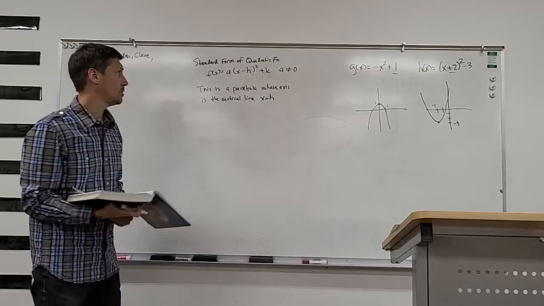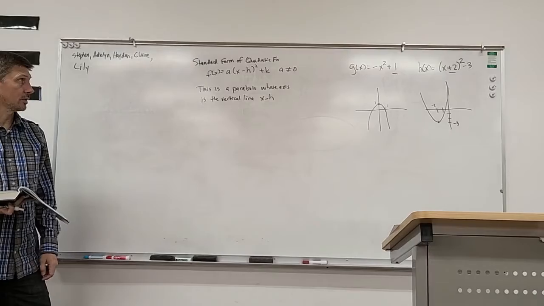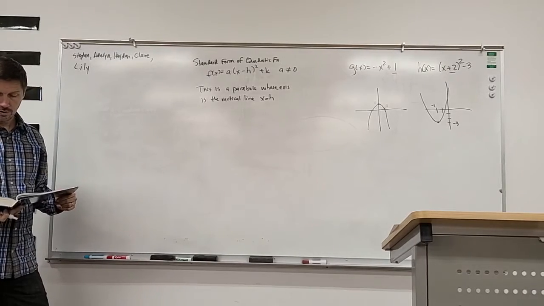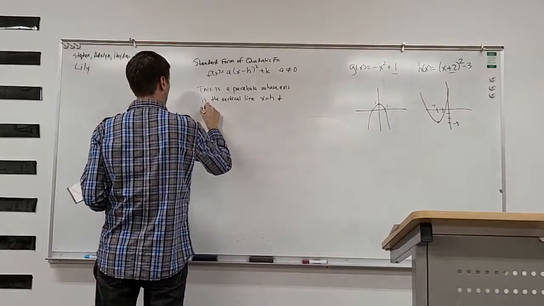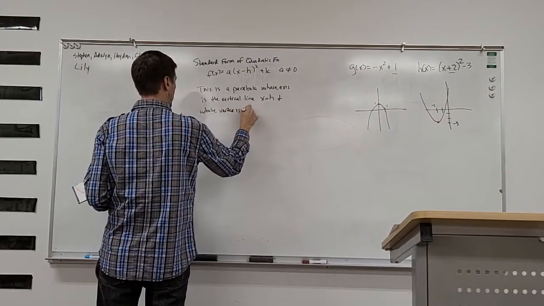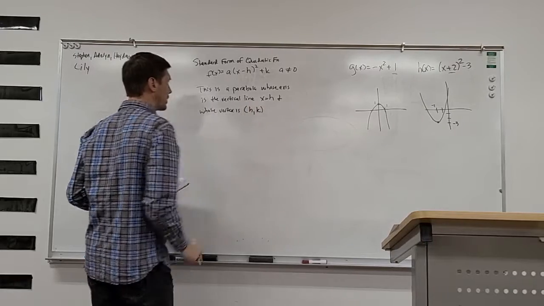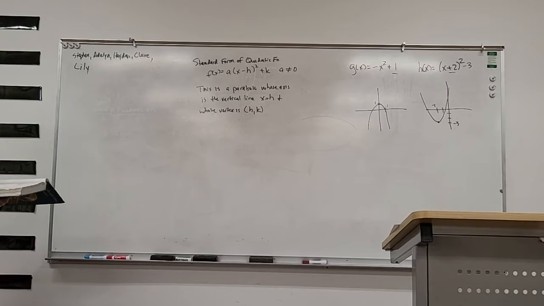So the h term here tells us where the axis of symmetry is. So we can just glance at the function and know that. And whose vertex is (h, k). So we can also see exactly where that point is for the vertex if we've got it in that form.